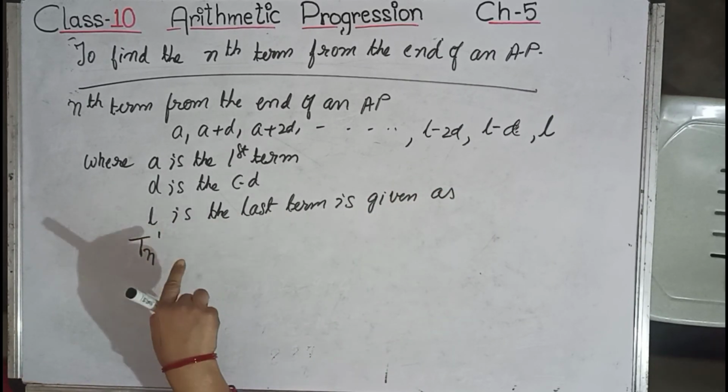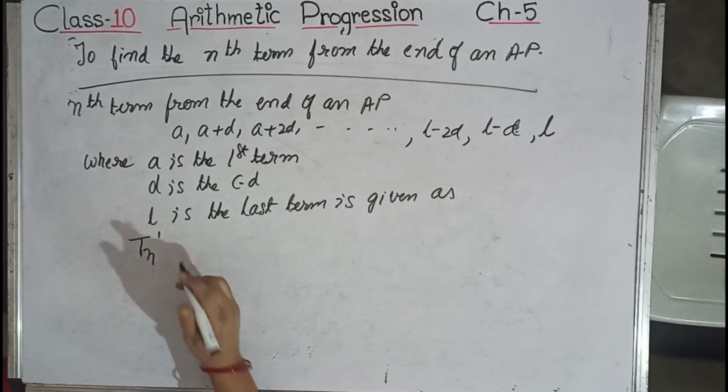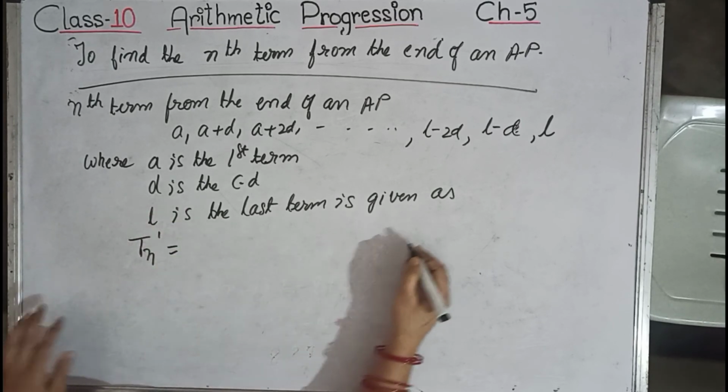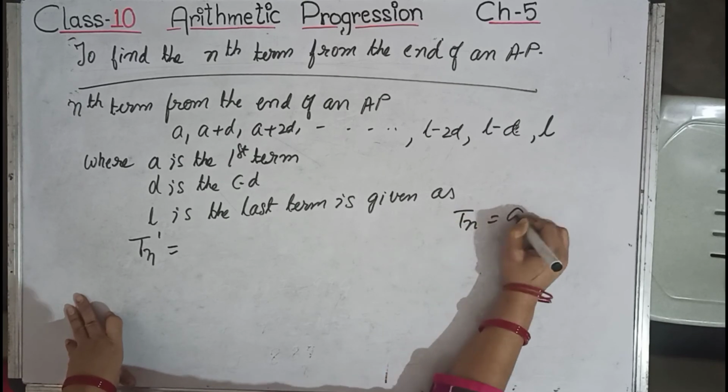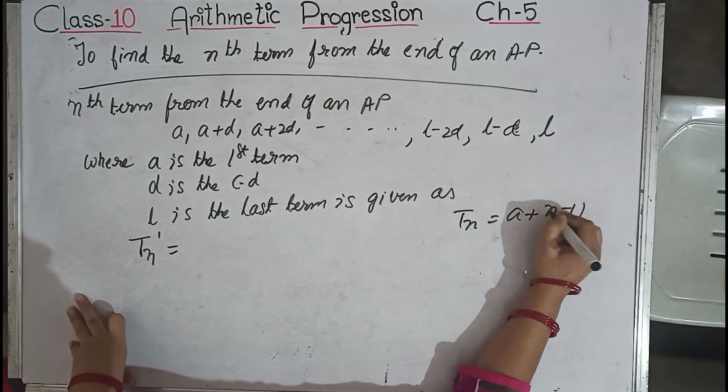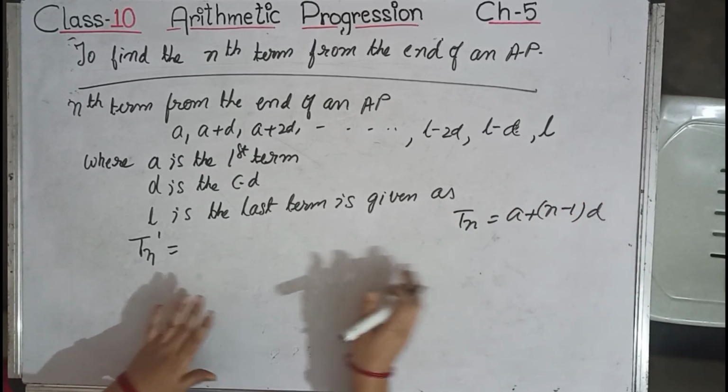I am writing dash because we used to write Tn for the nth term from the starting. Tn dash equals, remember what was Tn? Tn is A plus n minus 1 into D. So no change over here.